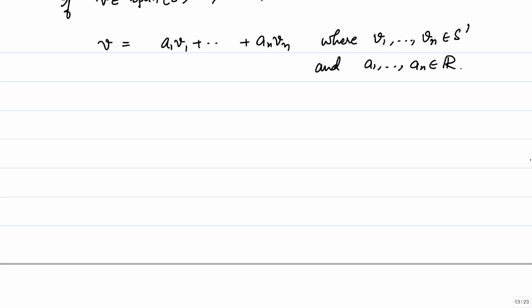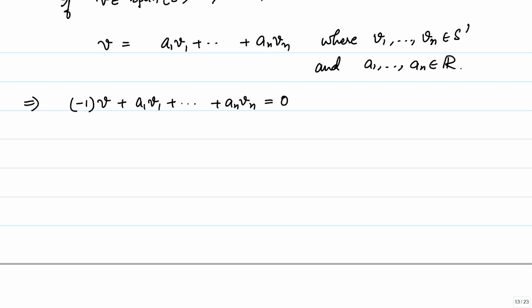But rewriting this implies minus 1 times V plus A1 V1 plus up to AN Vn is equal to the 0 vector, by just adding the additive inverse of V. Notice that V1, V2 up to Vn all are distinct and not equal to V, because V is not in S prime.